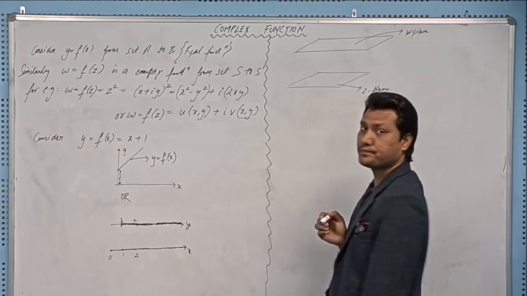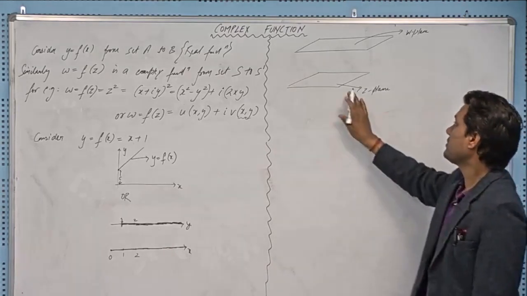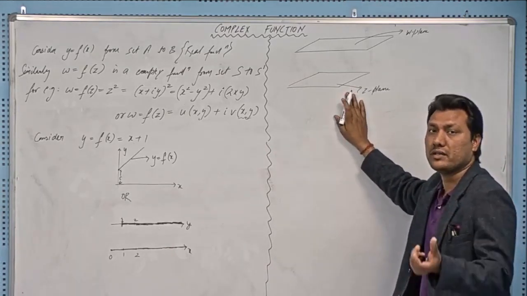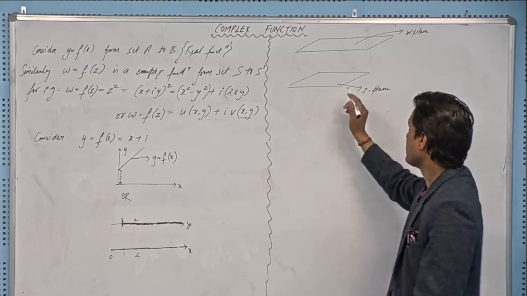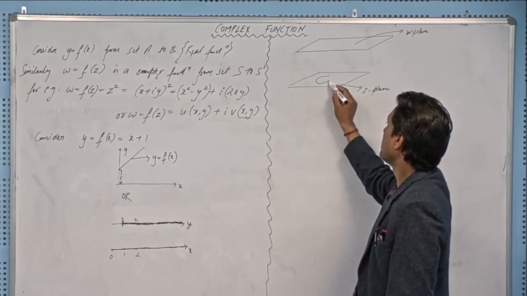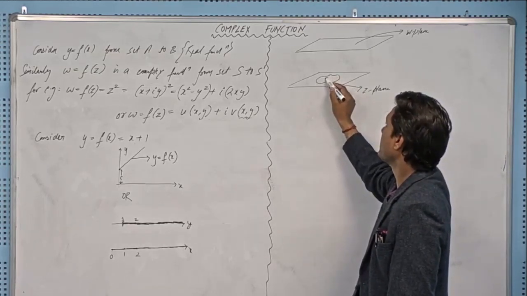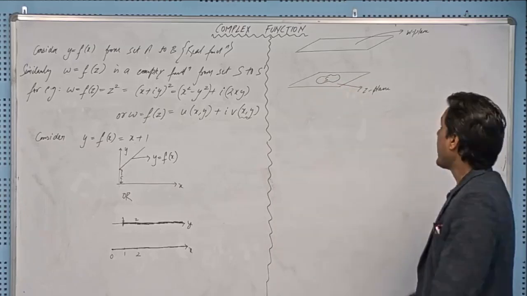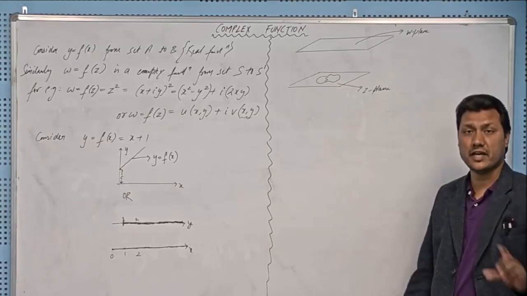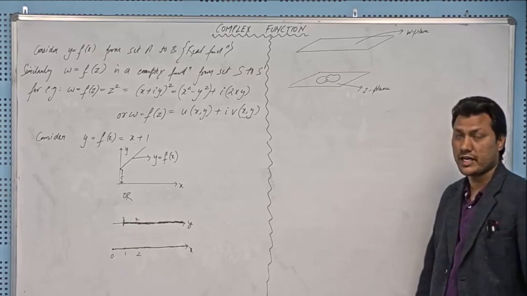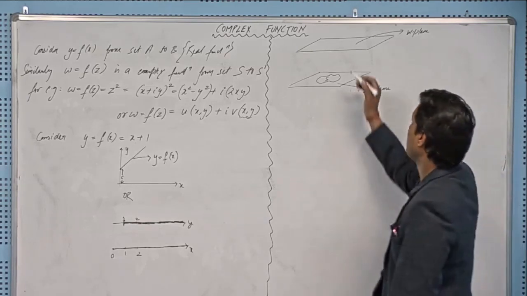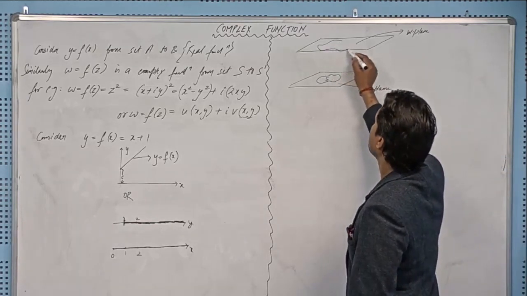W plane, right? So here in this z plane, you will have your domain that is denoted by capital S. Suppose this is a domain, okay, domain set S, right? And on the w plane, you will be having its image, and let me denote it by S dash. Suppose this is the image, right?